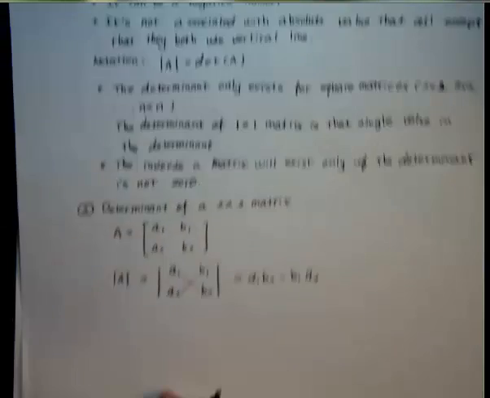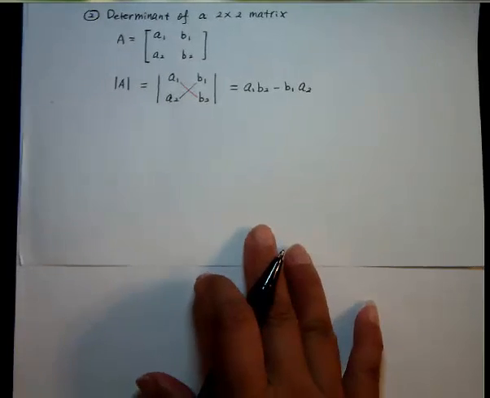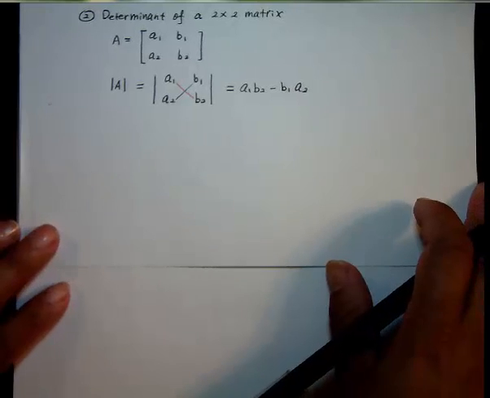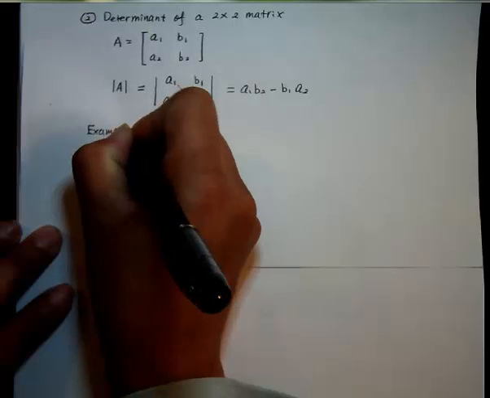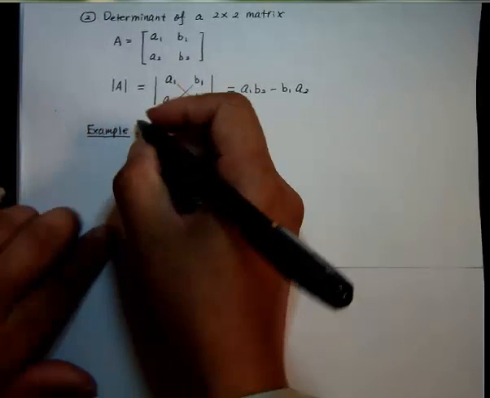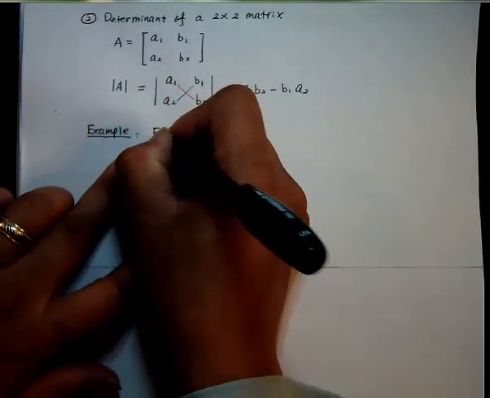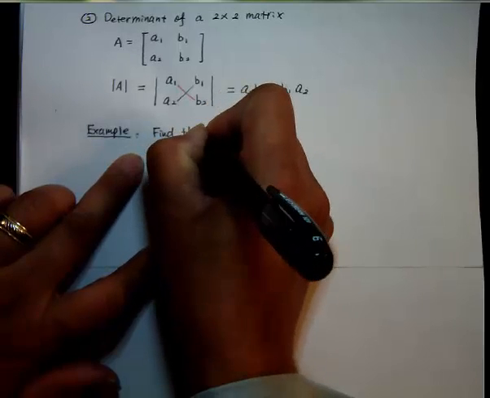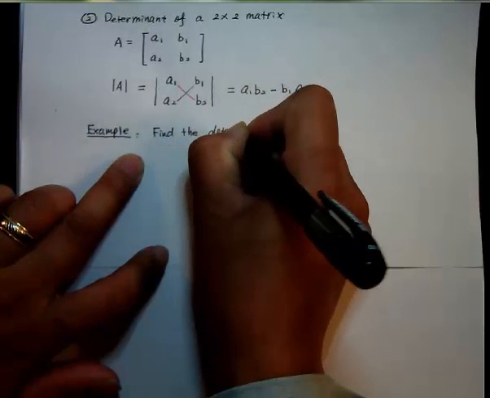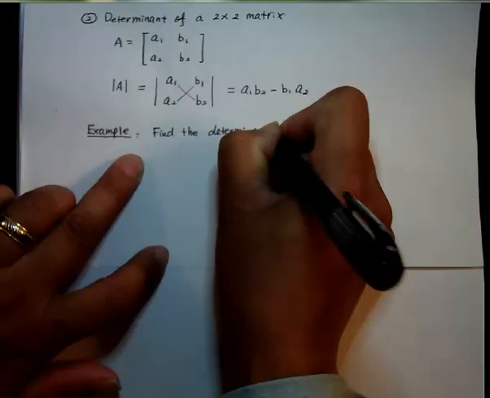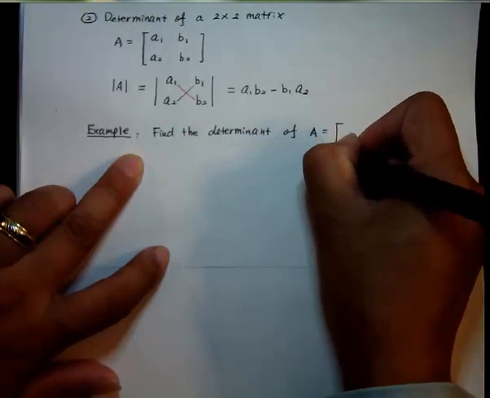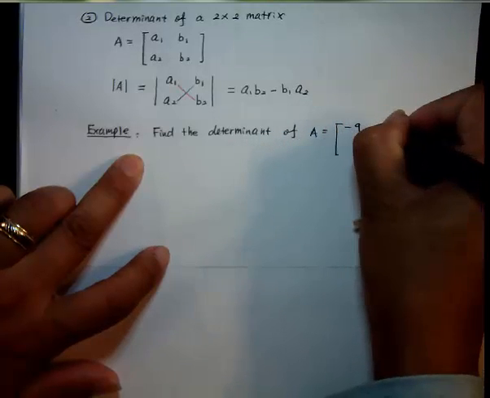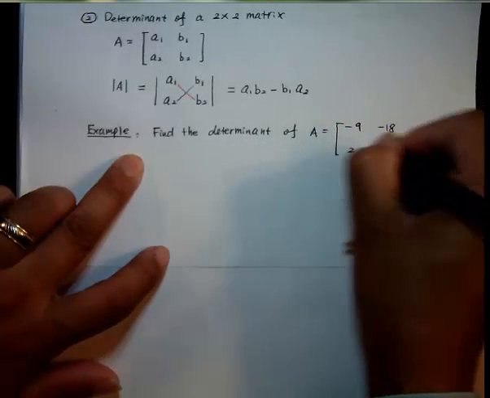Let's take a look at an example for this, how to find this determinant. Let's find the determinant of this matrix A defined as -9, -18, 2, 4.